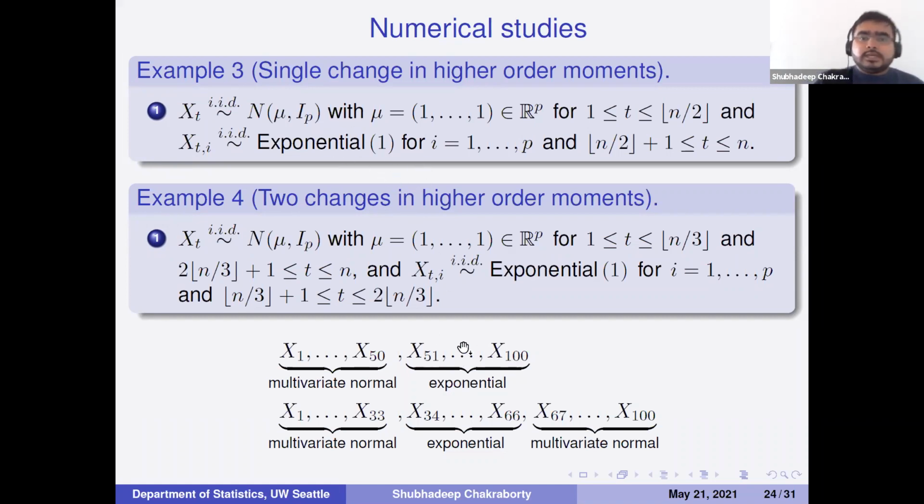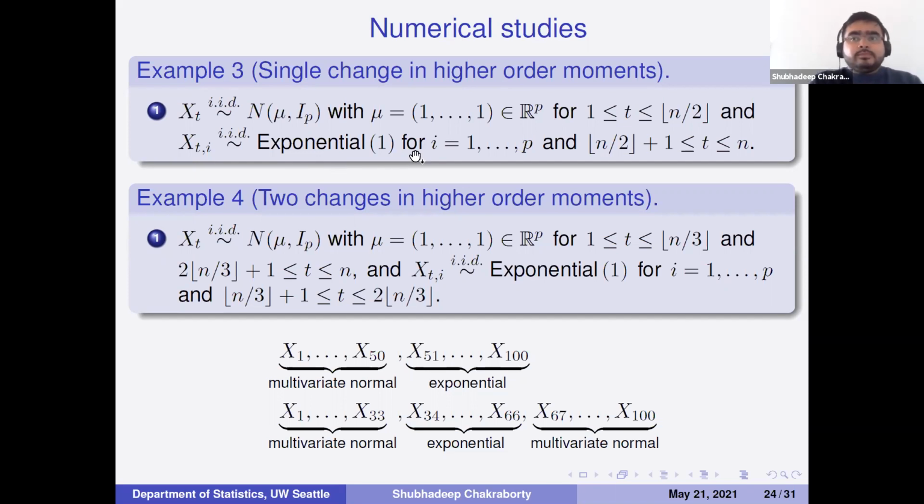Let's suppose, in example 3, the first half of the observations we draw from a multivariate normal with unit mean and identity covariance matrix. The second half of the observations we draw in a way that the components of X are independently and identically distributed as exponential with mean 1.